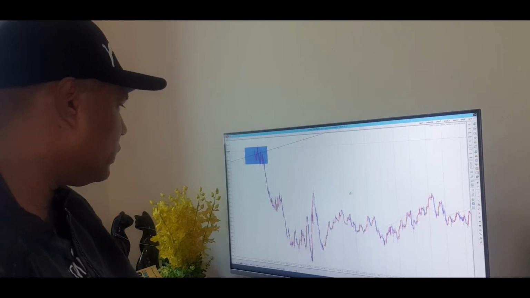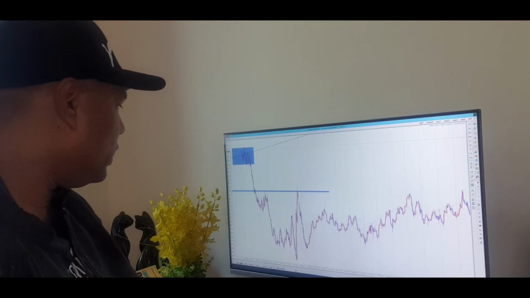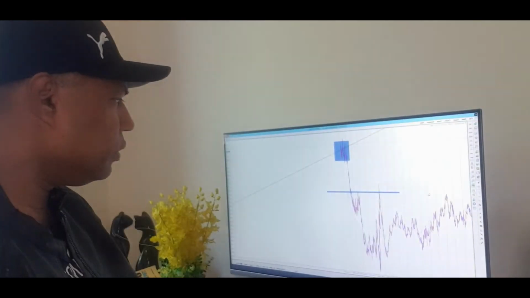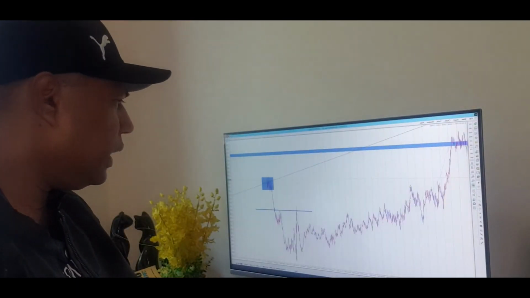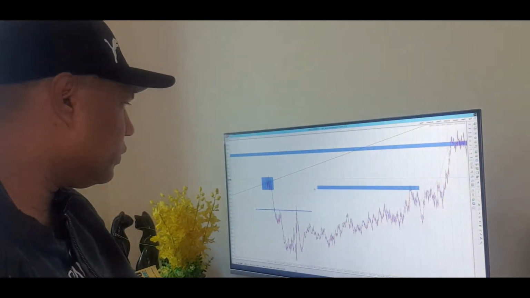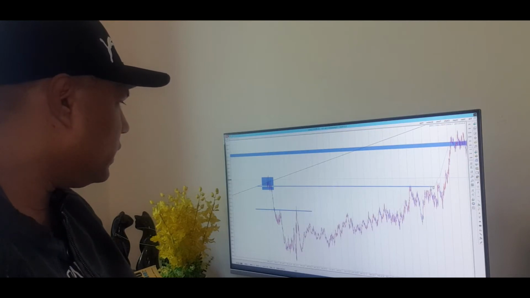Let's go and draw some support resistance areas. So this is one of the supports. And if we zoom in a little bit, there is one area that price already broke, and it looks like it is above the price.